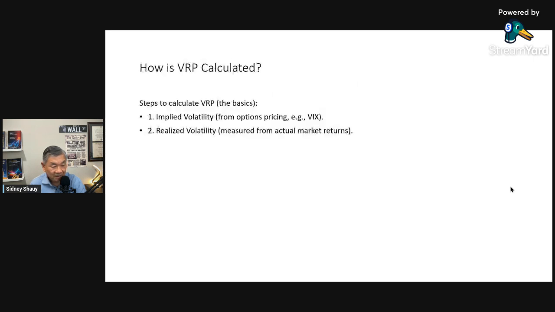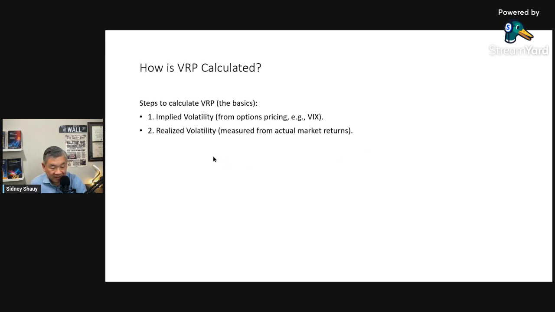All right. How is VRP calculated? So let's take a quick look here. We start with the implied volatility from option pricing, like the VIX. We like to use the VIX. The VIX is based on the S&P 500. It's not a specific stock.